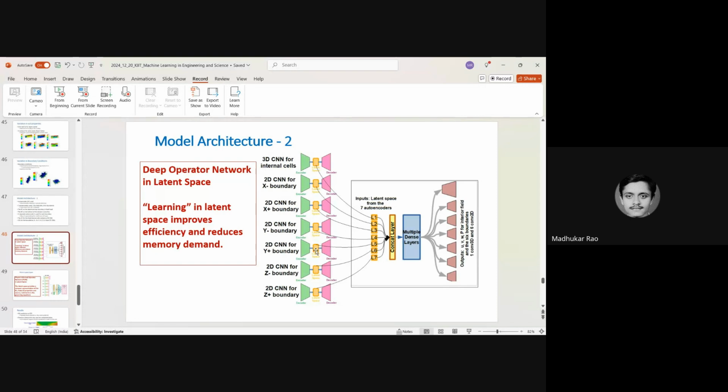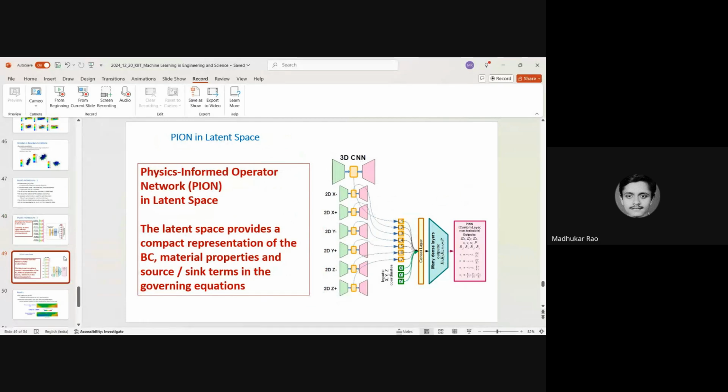We take the latent space from each autoencoder, pass it through some more dense layers of the neural networks, and then the output is obtained at each and every grid point in the domain. This was trained with about 1000 CFD cases, and a further 1000 CFD cases were used for the testing of the procedure.